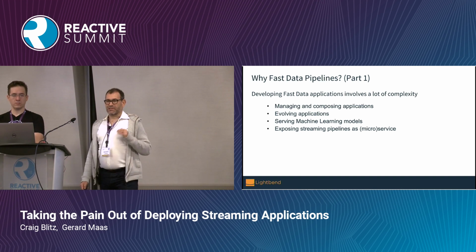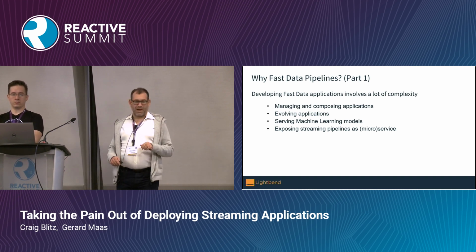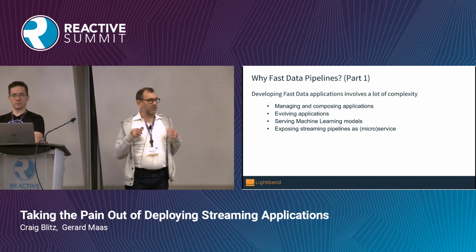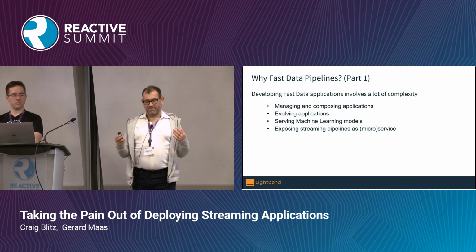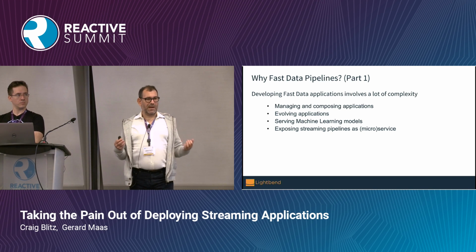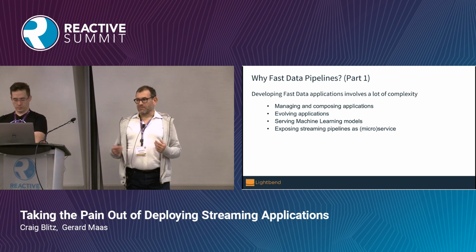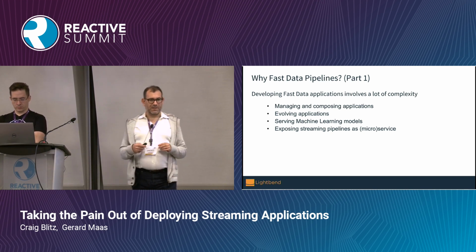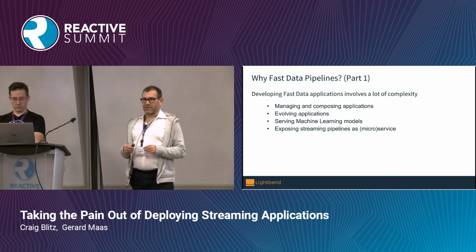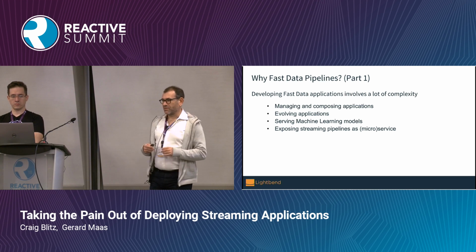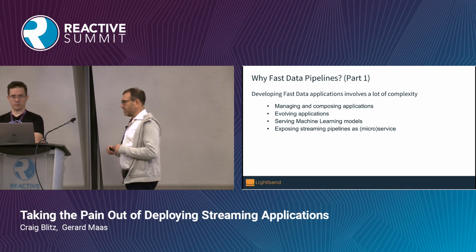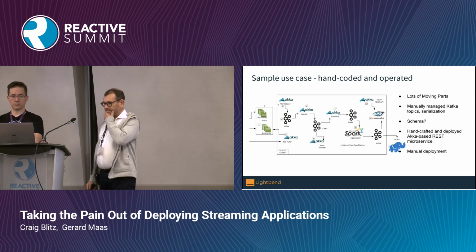We want to be able to serve models. And of course, we want to be able to expose our streaming pipelines in a way that's familiar to us in terms of managing applications, expose them as a microservice, and treat them as a microservice. You should be able to update or upgrade them as easily as you upgrade a microservice.